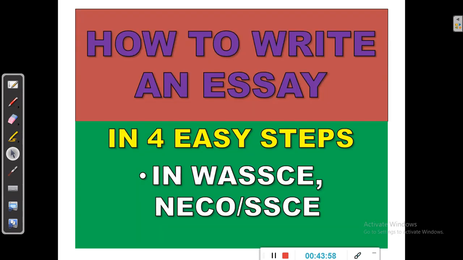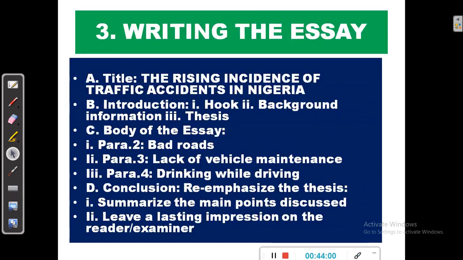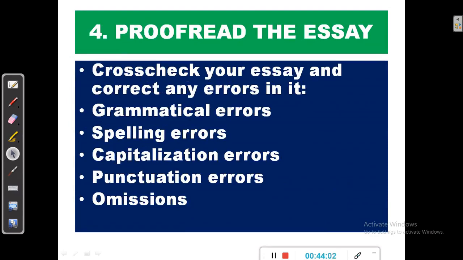Okay, so our point number 4 will be to proofread the essay, and that means you cross-check your essay and correct any errors in it. Errors that you need to correct are grammatical errors, spelling errors, capitalization errors.